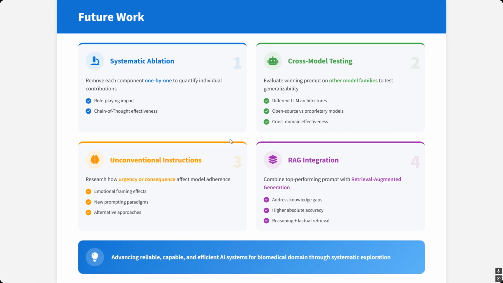And finally, what we can do to improve this work is to test every component one by one, not only the threat sentence. Also, you can test other model families like GPT or Claude, or maybe even open source models. So this is going to be a very insightful test.